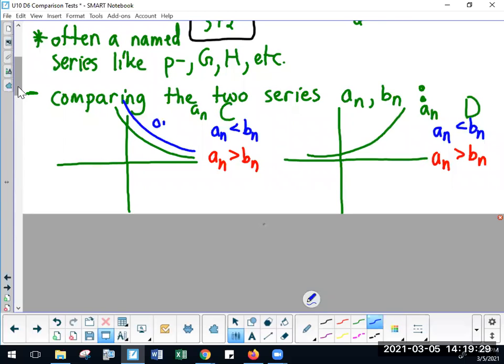It's also the case that B sub n could go like that. It's true if A sub n is less than B sub n, B sub n could be pretty similar to A sub n and converge, right? That's possible. Or it could be pretty different from A sub n and it could diverge, okay?